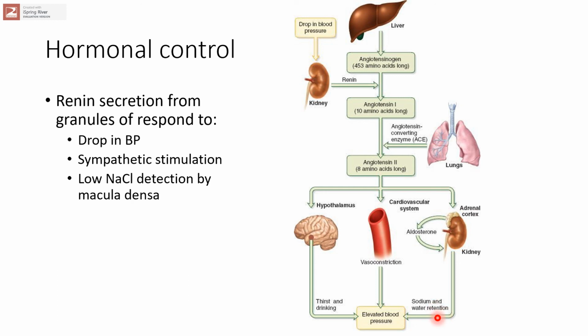So when water and sodium get retained, it leads to elevated blood pressure. So keep in mind, renin is secreted by the kidney, and make sure you know how renin affects angiotensinogen and how angiotensin II affects different parts of the body to elevate the blood pressure.